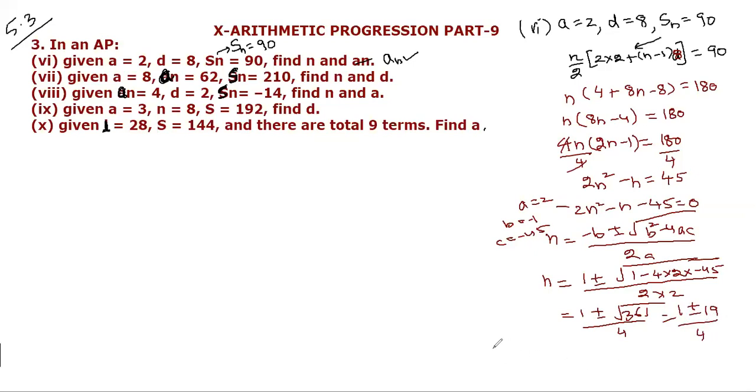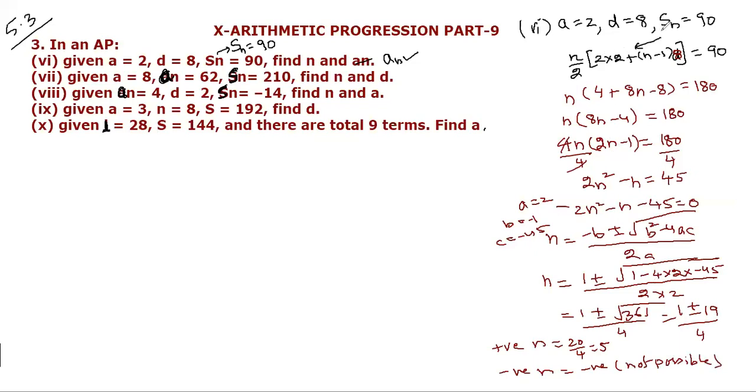Now taking positive sign, n will be equal to 1 plus 19, 20 divided by 4, 20 by 4, that is 5. And when taking negative sign, n will be negative, which is not possible. Number of terms cannot be negative. So n is equal to 5.